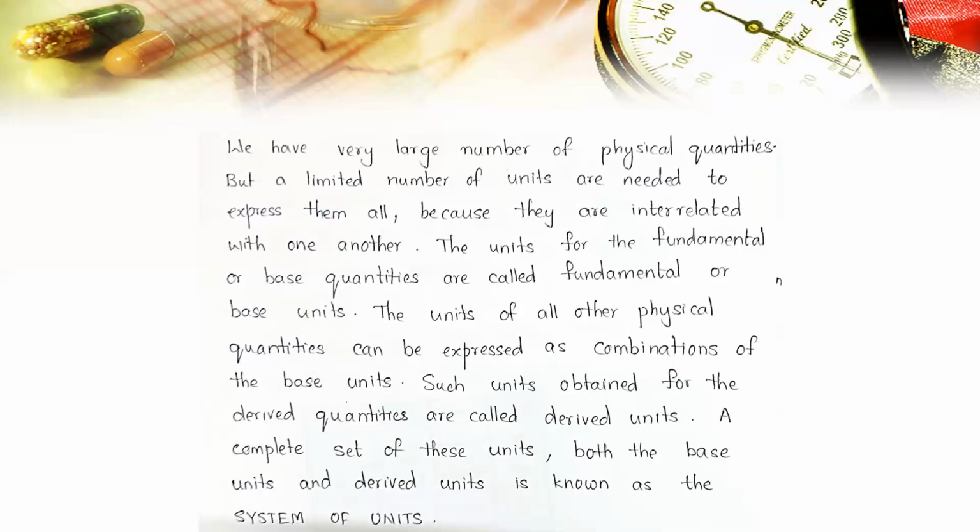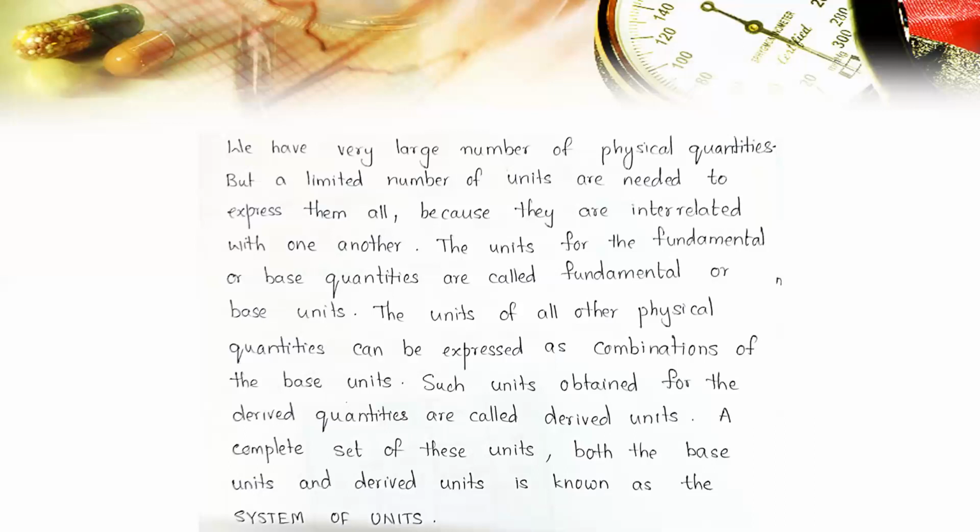In this example, meter is a base unit, second is a base unit, but velocity unit is derived, therefore, meter per second is a derived unit. So, whenever you take units derived from the base units, we call them derived units.